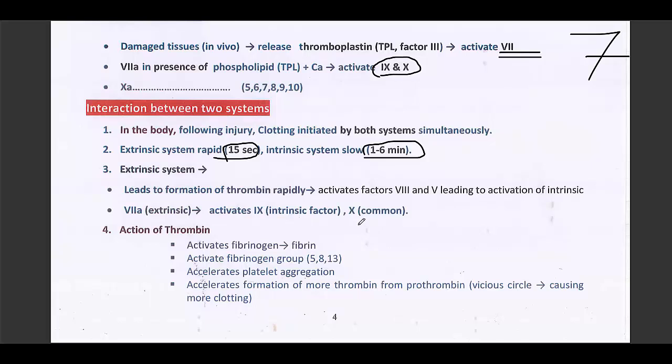So the extrinsic pathway helps in activation of the intrinsic pathway, because it takes less time, it is more rapid, and it activates factor number 9 and factor number 10.